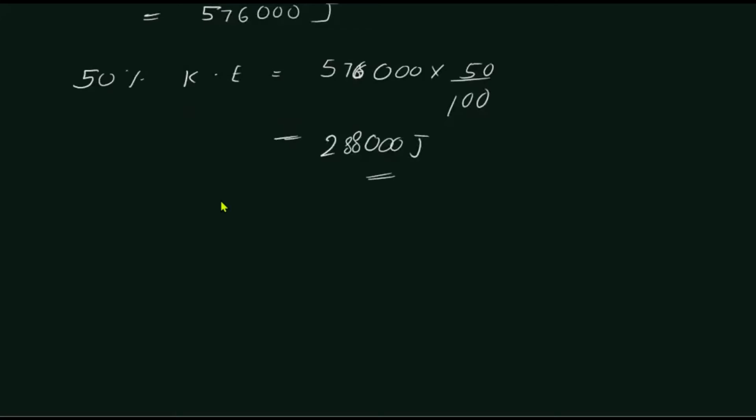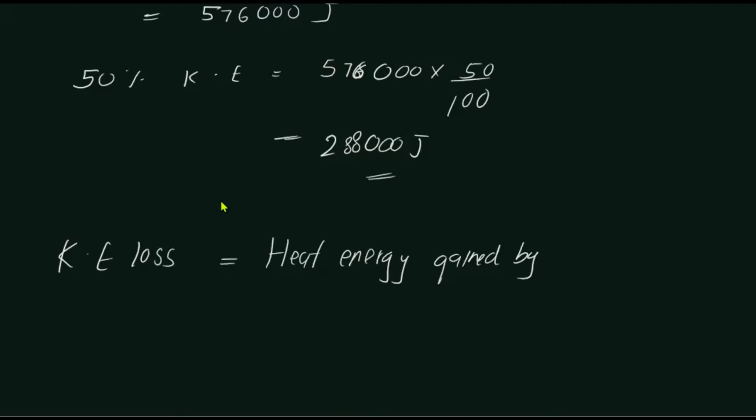So how do we equate it? Kinetic energy loss equals the heat energy gained by the brake pads. How many brake pads were there? 4 brake pads were there. So this should be multiplied by 4: the heat energy gained by one brake pad into 4.